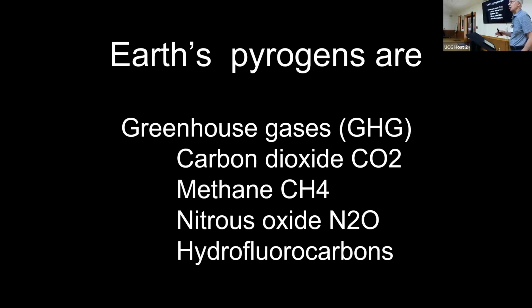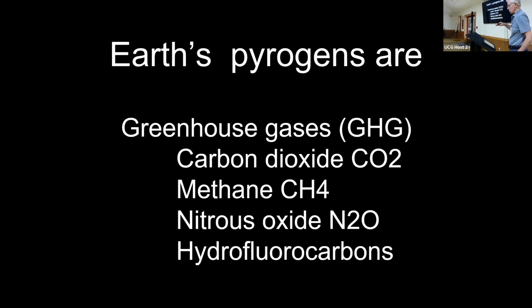Methane is not nearly as abundant, but actually accounts for 25% of the greenhouse gas effect in our atmosphere. And it's actually 80 times the strength of carbon dioxide by weight as an effective retainer of heat.